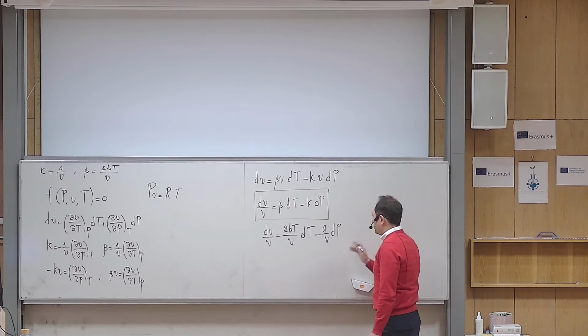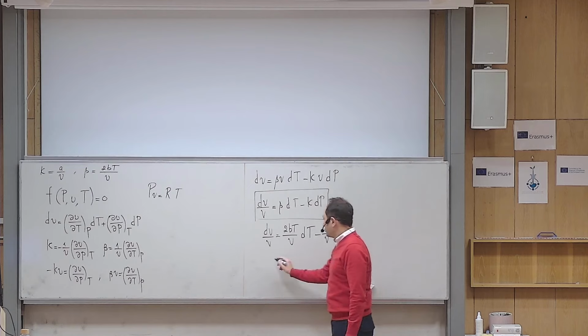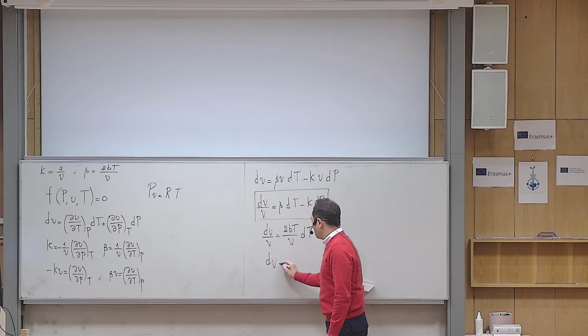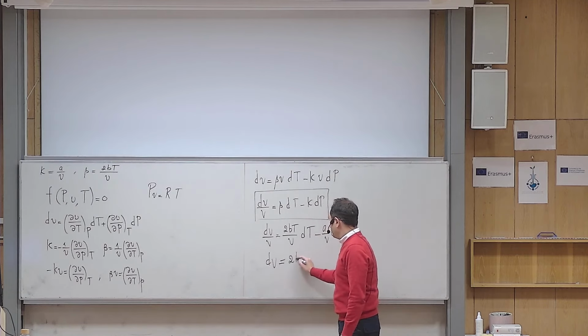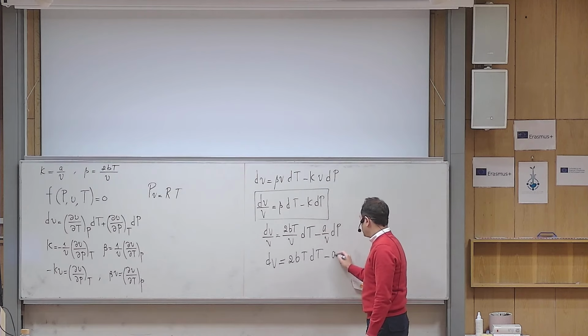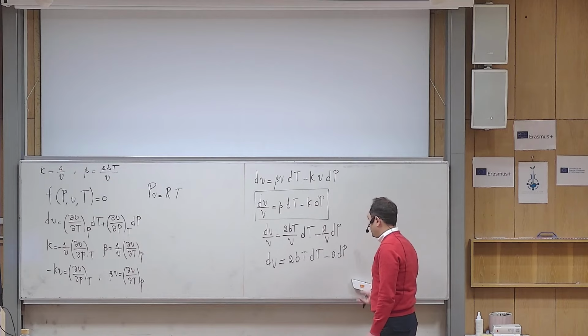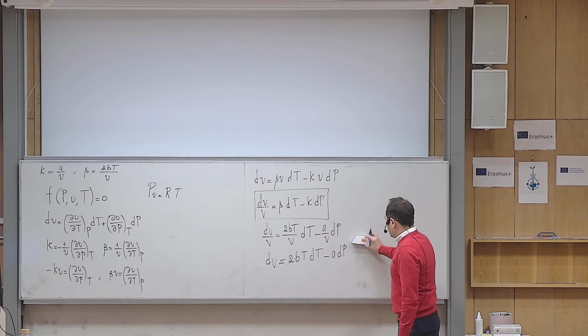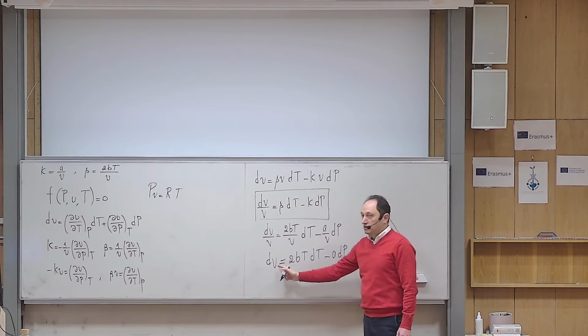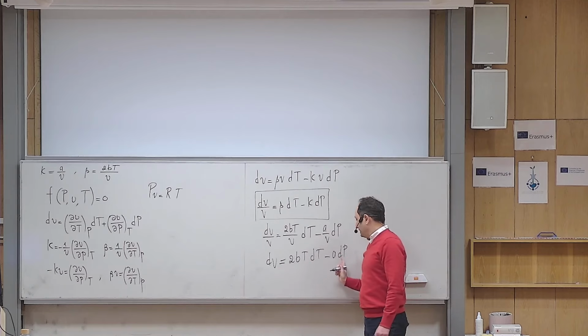And then I multiply everything by V. So this becomes dV equals 2bT dT minus a dP. So this is a relation between differentials dV, dT, and dP.